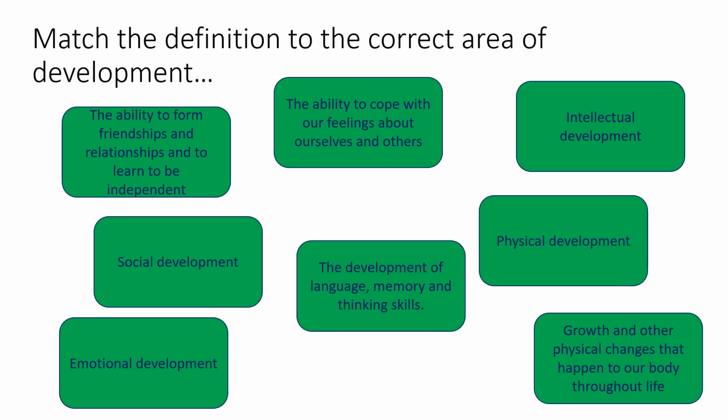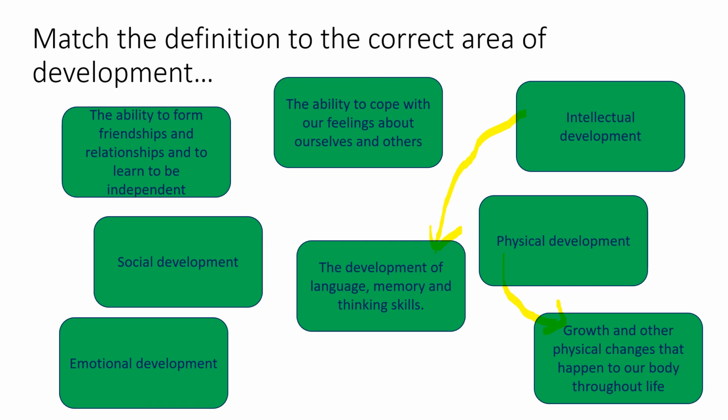Okay, so if we look at physical here, physical matches with this one. Physical is growth and other changes that happen to our body. Intellectual here is this one here, look. The development of our language, memory and thinking skills.